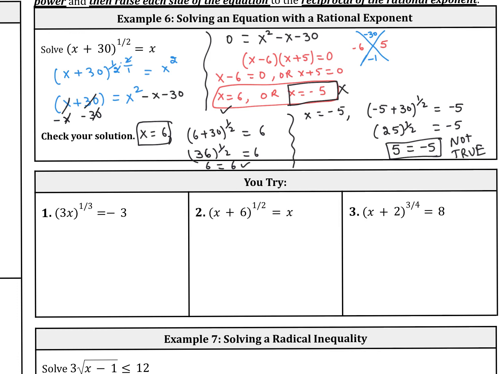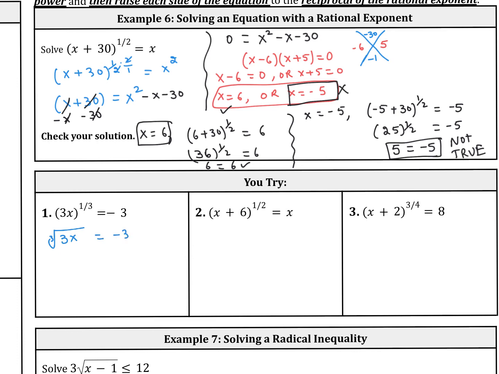So in the Try problem number 1, you have a cube root. 3x to the power 1 over 3 means the cube root of 3x, and that equals -3.